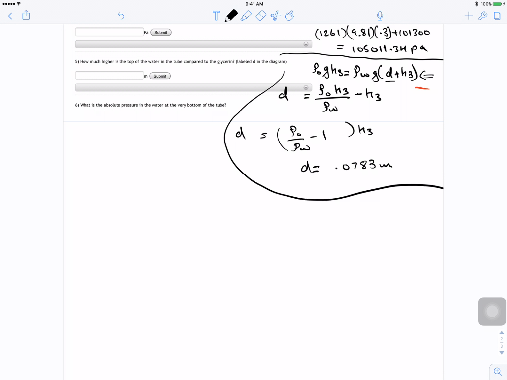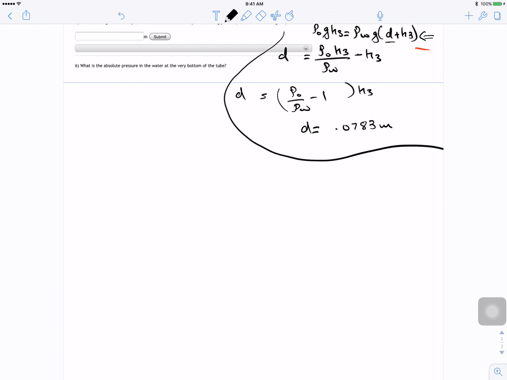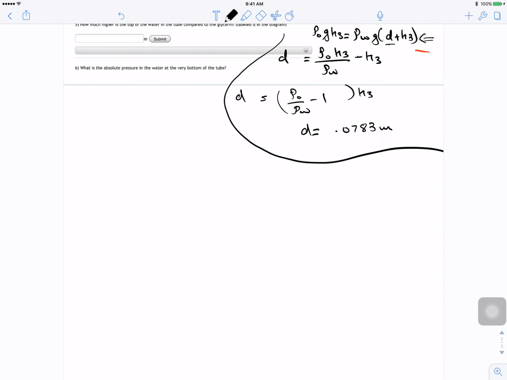So now, what's the absolute pressure in the water at the very bottom of the tube? You can find it on either side, but I'm going to do the water side. So ρ water g, and the H for the water is D plus H3 plus H1, plus 101,300.